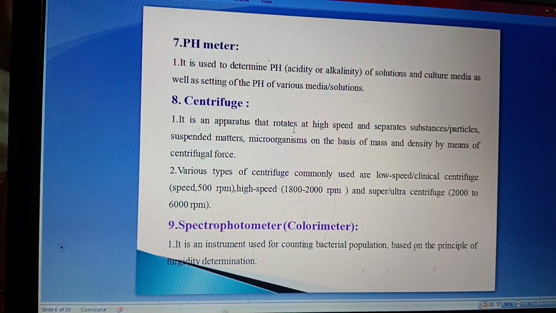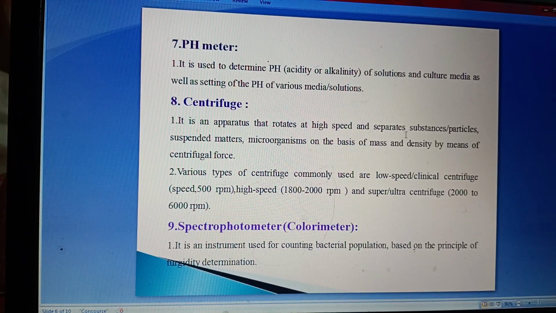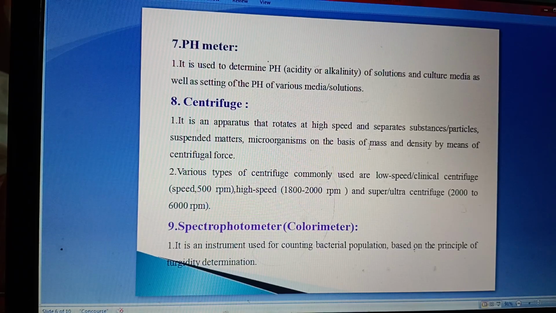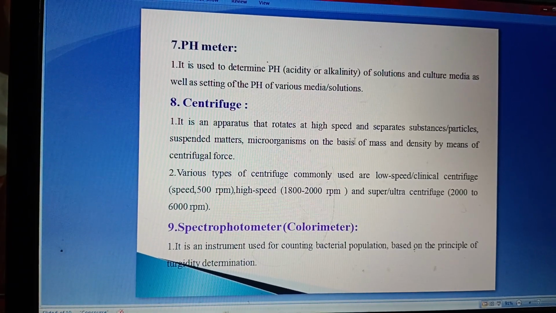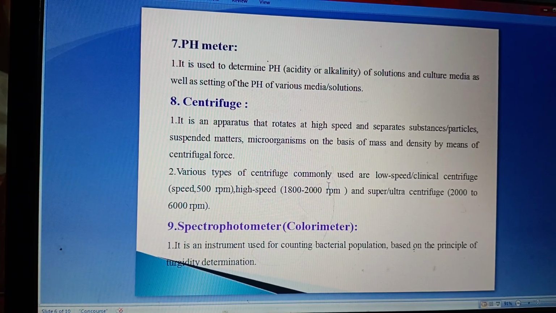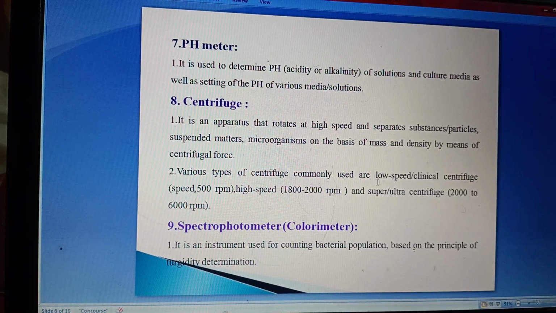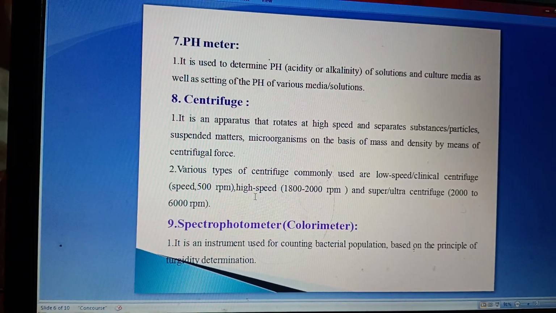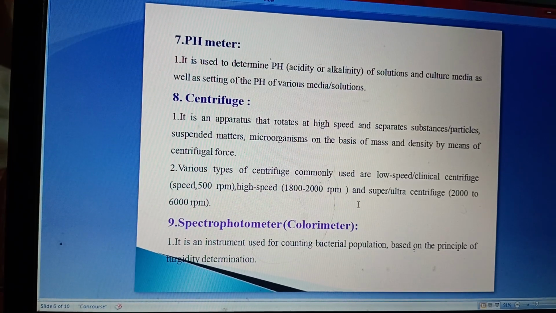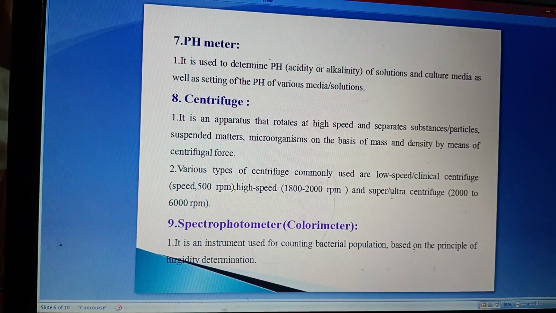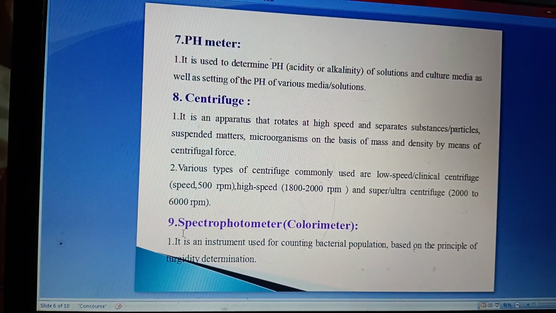It is an apparatus that rotates at high speed and separates substance particles, suspended matters, microorganisms on the basis of mass and density by means of centrifugal force. Various types of centrifuges commonly used are low speed clinical centrifuge, speed 500 rpm, a very high speed 1800 to 2000 rpm, and super ultra centrifuge, it is 2000 to 6000 rpm.